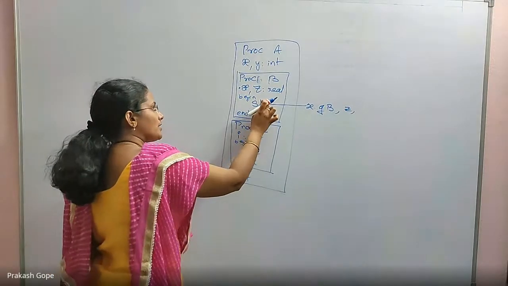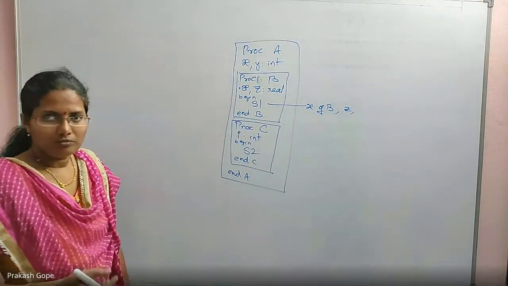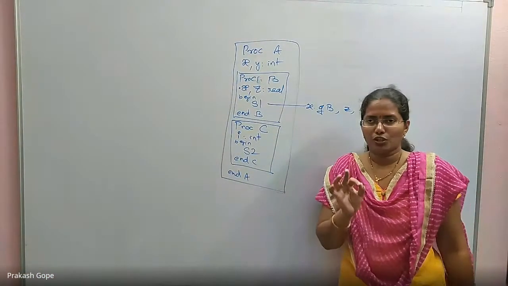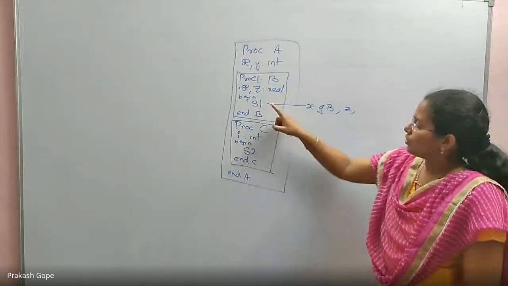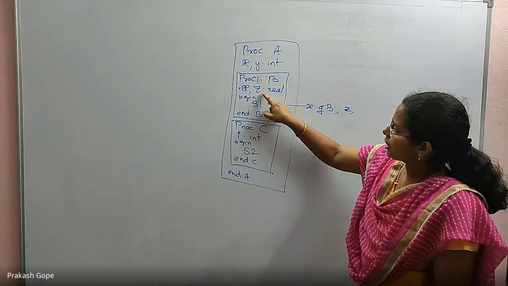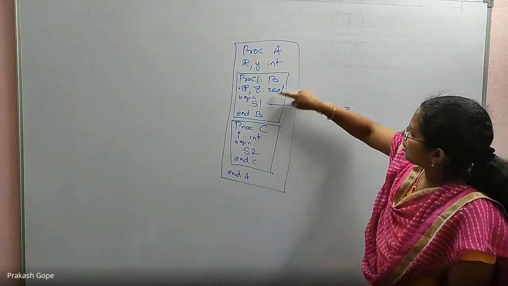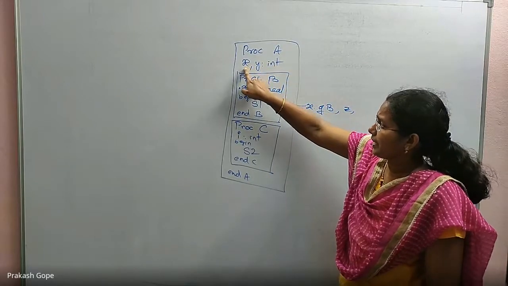Also, I can access a variable which is present in its outer block, right? By default, it is static scope. If the scope rule is not given, we should assume static scope as default. So it's not only the locally declared variables, you can access the variables in its outer block also. The outer block is A, which means I can access Y. But can I access X?